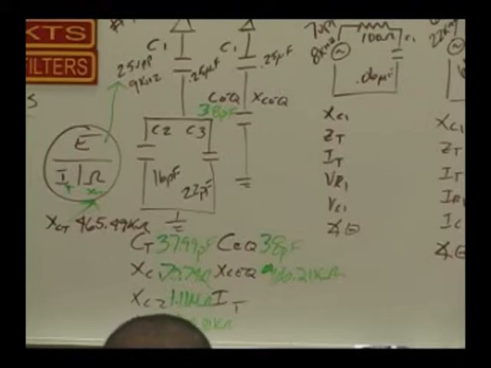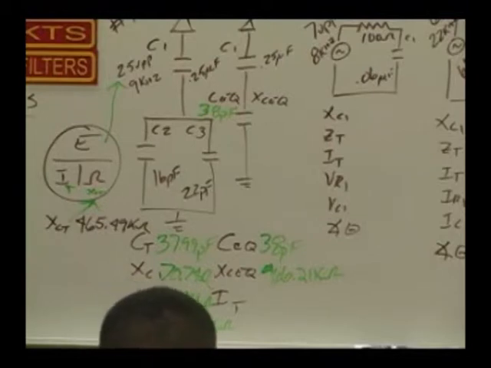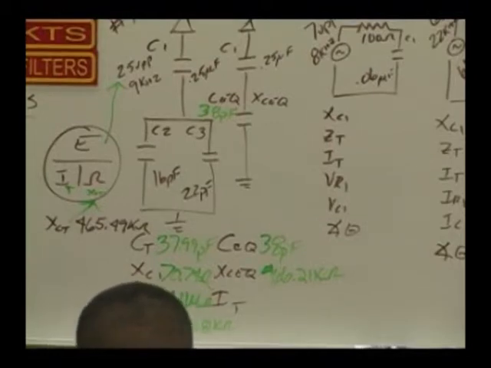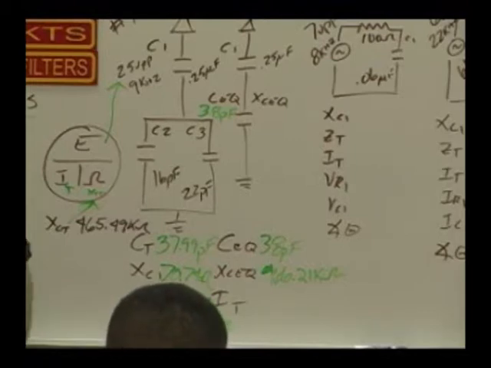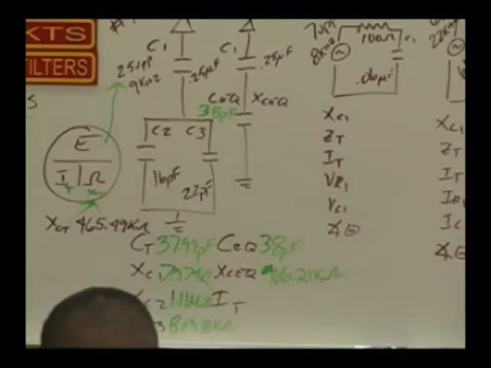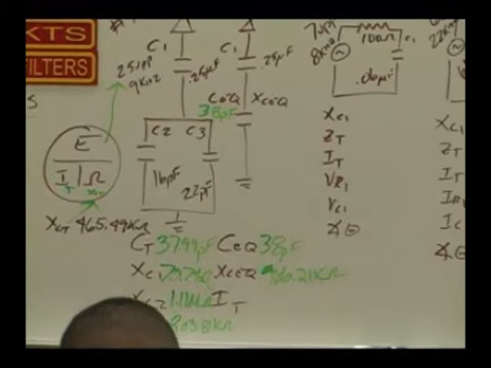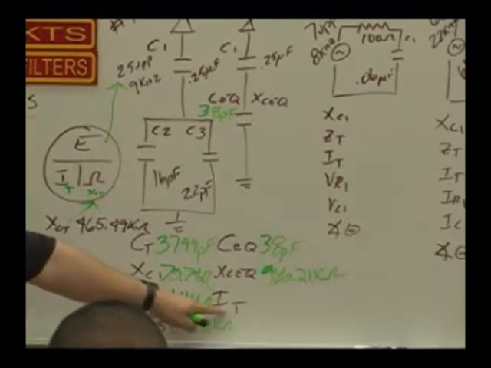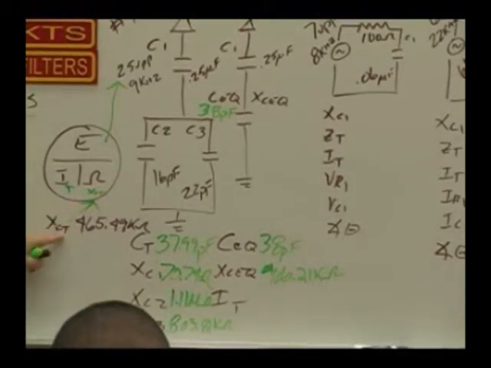Hope you got the answer to this for I total for number 7. Ohm's law. See, look, I total. XC total, because that is total opposition, because it's just a capacitive circuit.